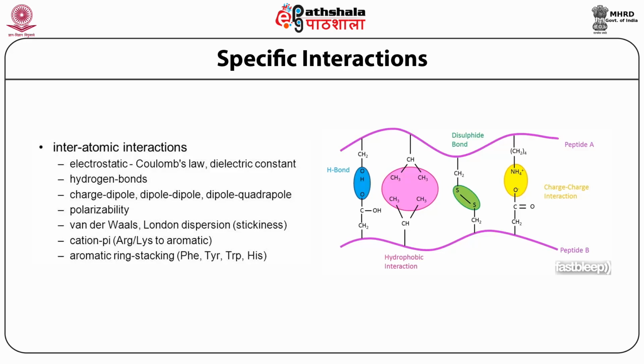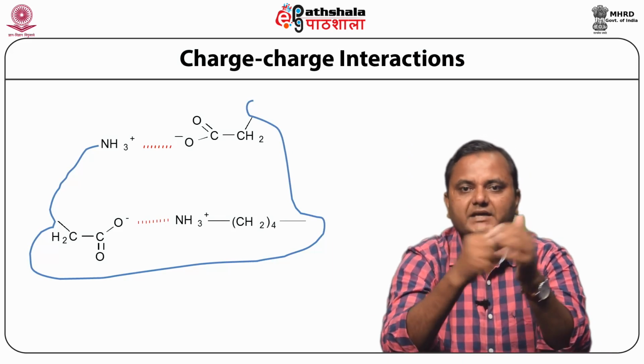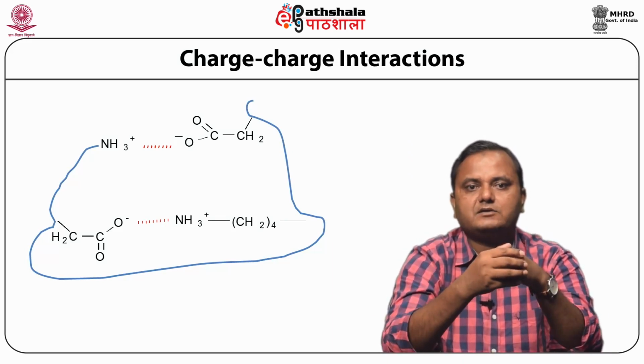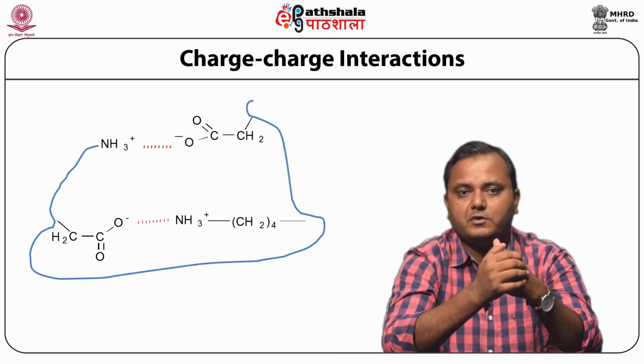Apart from that, the cation-pi or pi-pi interaction, or aromatic ring stacking, also participates in the formation of protein ligand interactions. Now let's talk about the charge-charge interaction. The Coulombic interaction between two ions at close range is very strong, as good as a covalent bond.